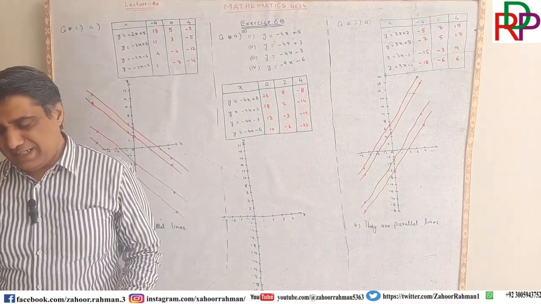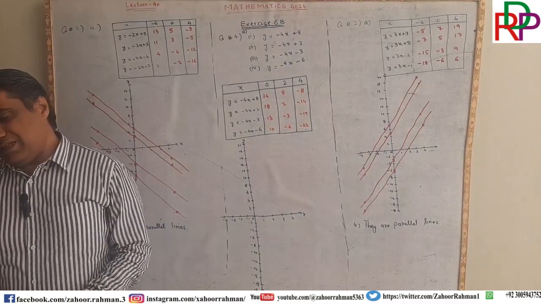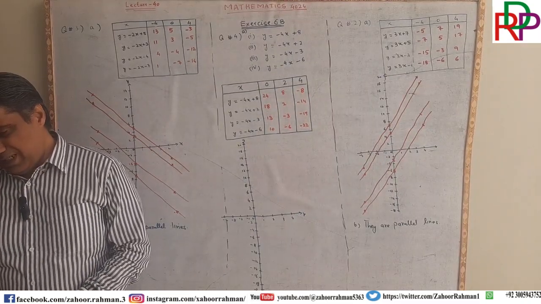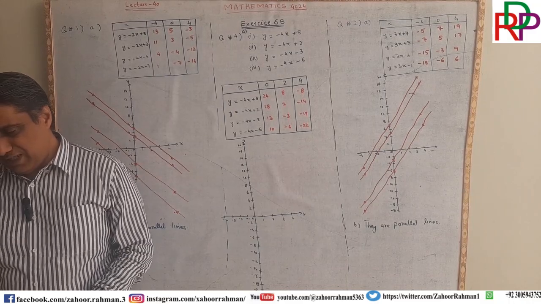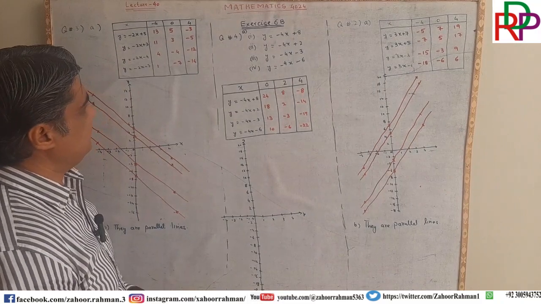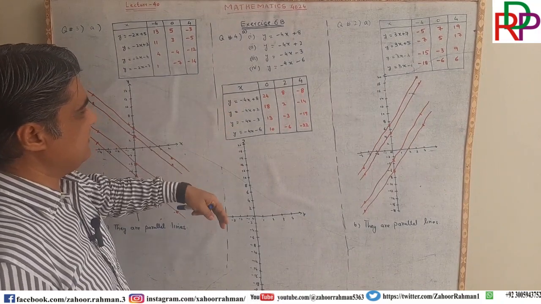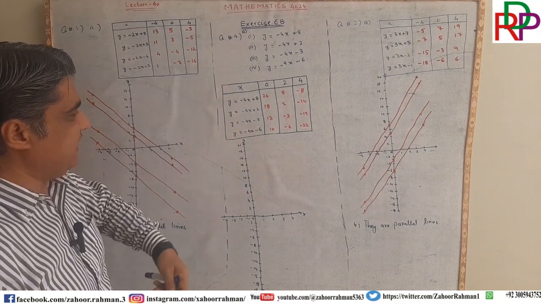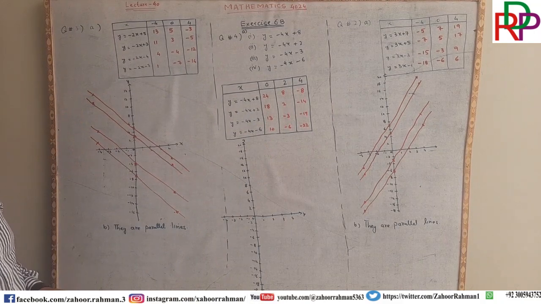Ladies and gentlemen, let us do this question as well. We are running out of time, but let us complete this question. So they have given us the same values. I wrote the values, you confirm it.